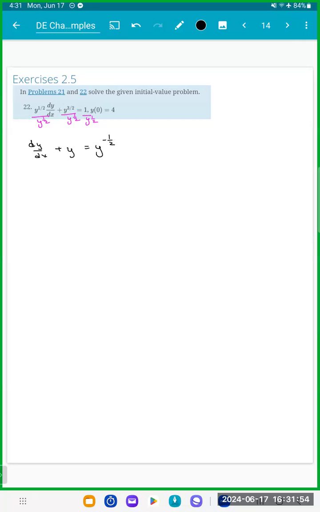So this is a Bernoulli equation, right? So just as a refresher, that is our y prime plus p of x y equals q of x y raised to the nth power. Okay, so in this case, our n is negative 1/2.